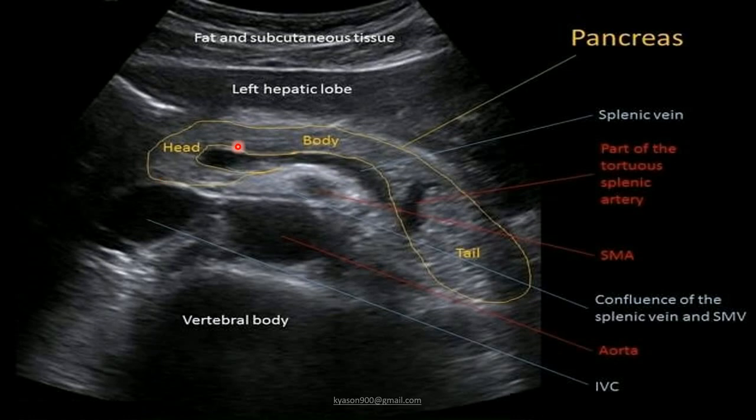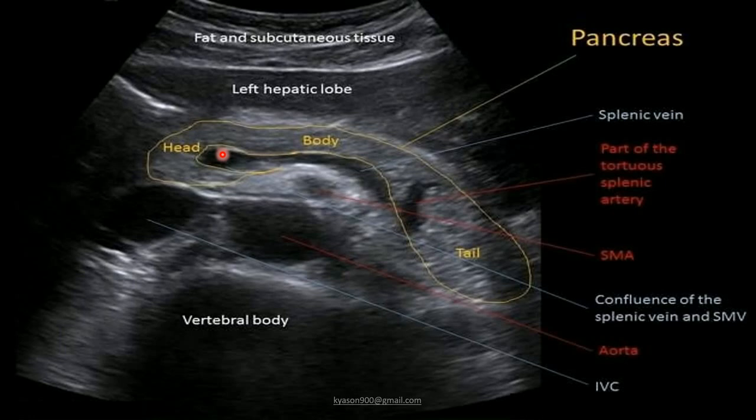Then we said behind the neck, that's where we shall have the commencement of the portal vein, and we said this portal vein is formed by the union of the splenic vein that is running behind the body. It joins with the superior mesenteric vein to form the portal vein.